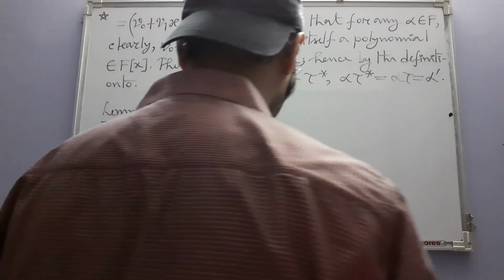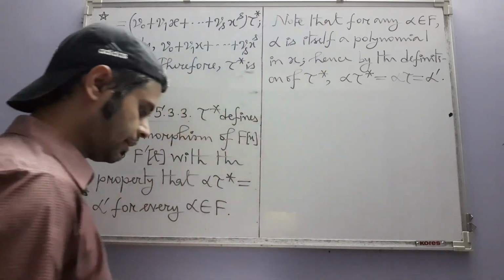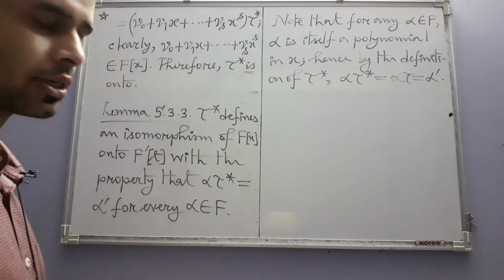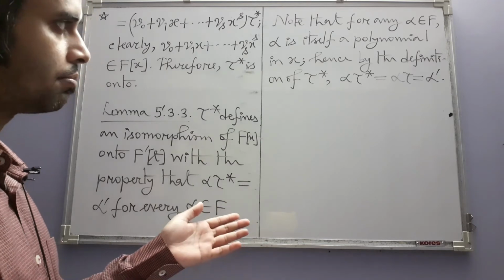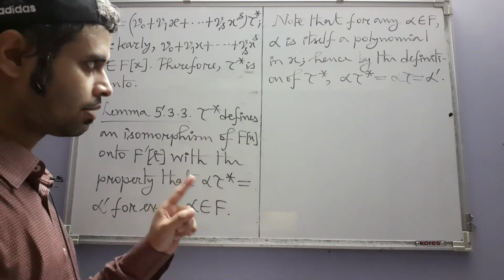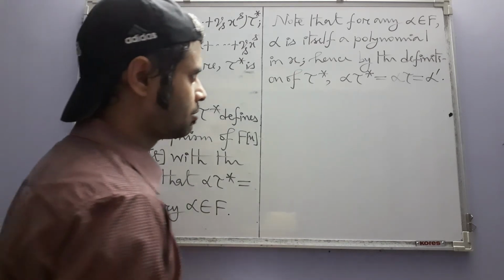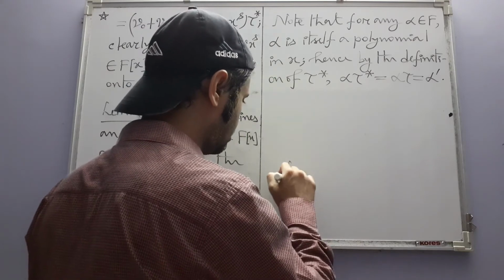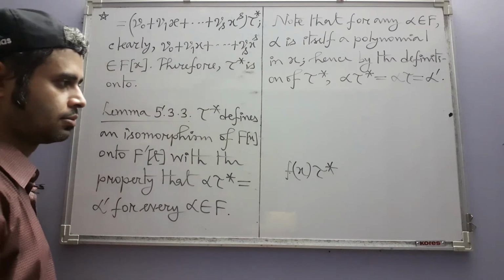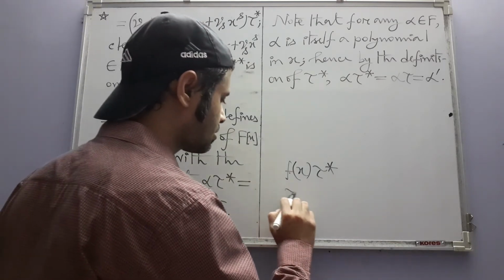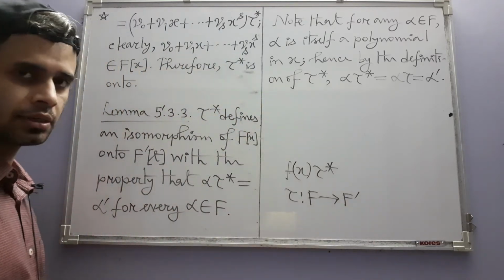Okay, now next we are going to use another simple notation, just like how we decided to write alpha prime in place of alpha tau. We are going to use a similar notation for writing the tau star image of f(x), because previously we had an isomorphism between F and F prime.